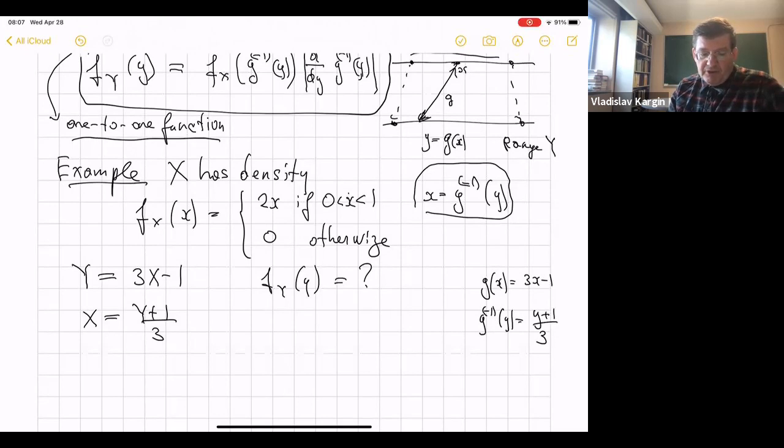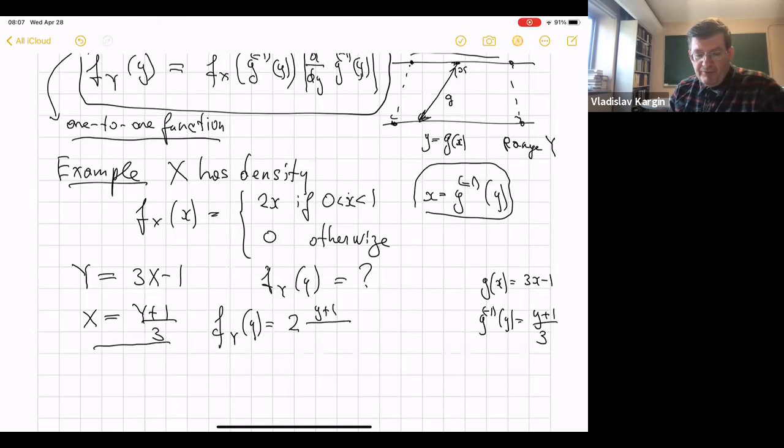So f_Y of y is equal to, take the f, which is 2x, but instead of x we write the corresponding expression in terms of y.